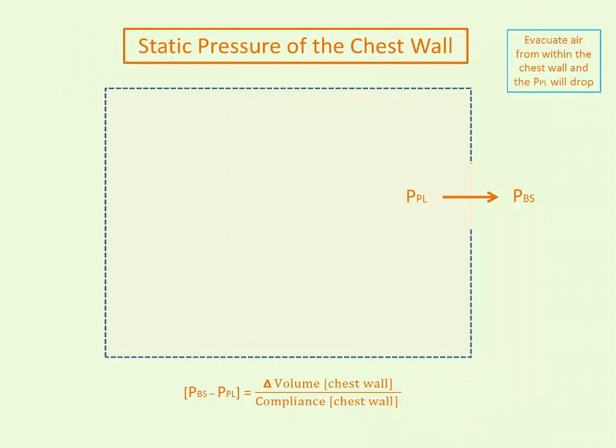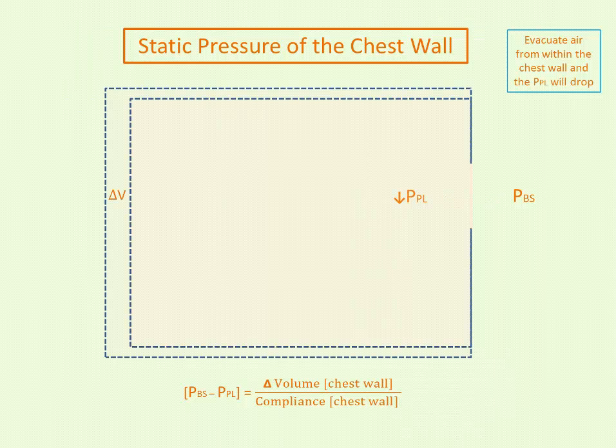So if you were to imagine evacuating some air from the chest wall, so sort of sucking some air out, this would tend to lower the pleural pressure within the chest wall. Lowering the pressure on the inside of the chest wall will drive air out by a pressure gradient. And then what will that do to the chest wall? It will cause the chest wall to shrink in size.